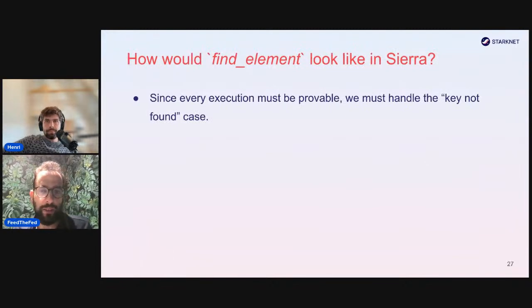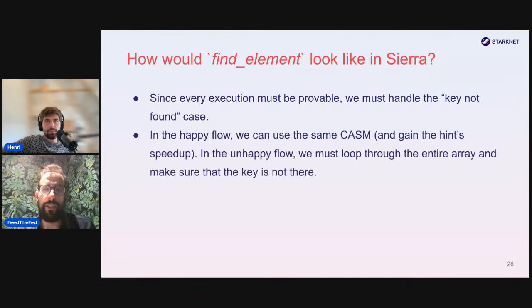So we must be able to handle the key not found case. In the happy flow, nothing changes. We can still get the appropriate index from a hint and just assert that the given element is in this hinted location. But in the unhappy flow, we must go through the entire array and actually verify that it is not there.